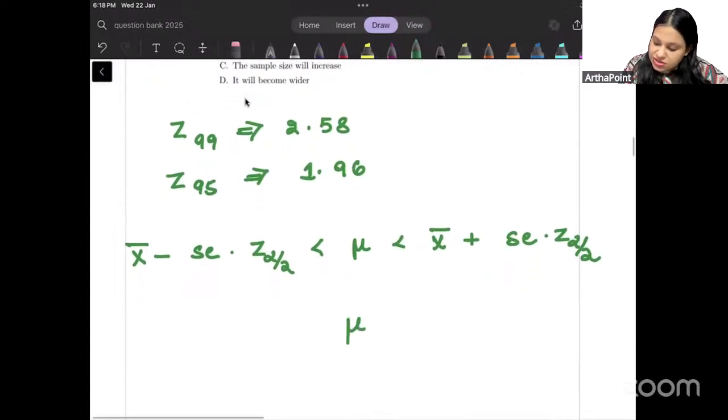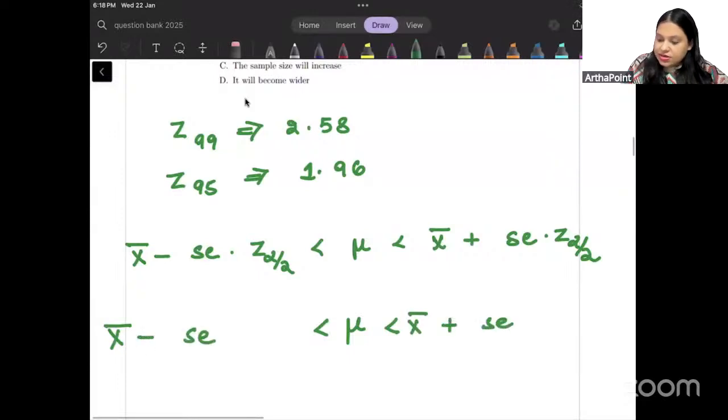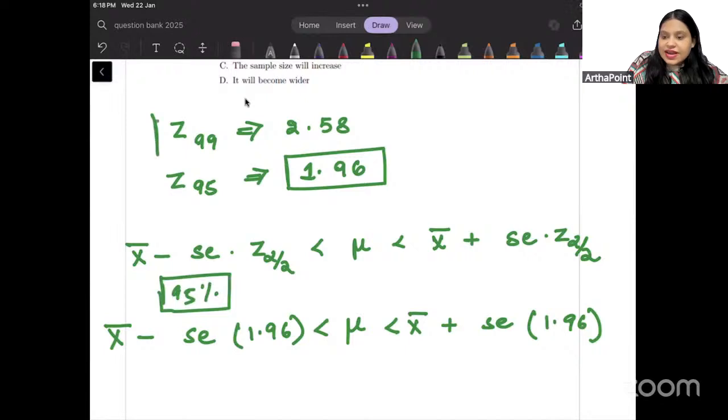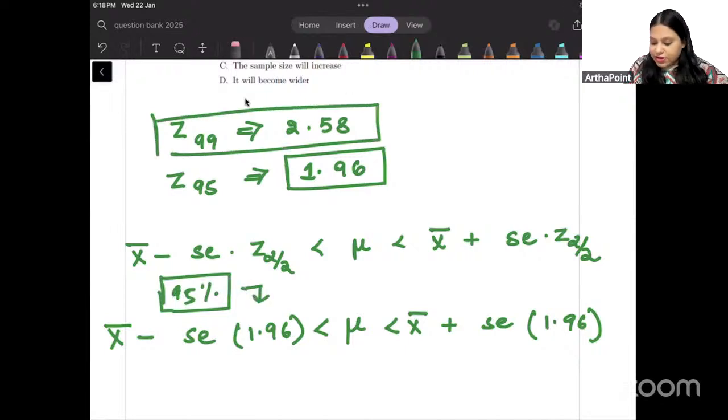So it means it will be sample mean minus standard error plus standard error. If it is 95%, it will be 1.96. And if it is 99%, it will be 2.58.